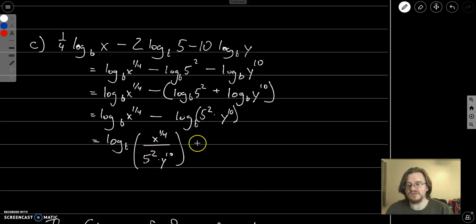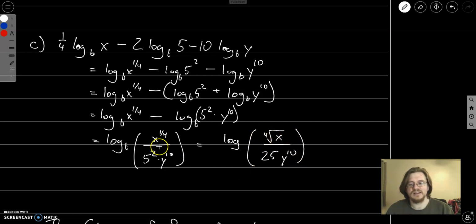Maybe one thing I can do is I can simplify the 5 squared on the bottom. 5 squared is just 25. This is going to be 25 y to the 10th power. And x to the 1/4 power is the same thing as the 4th root of x. So again, these are exactly the same. I would need to simplify, but I just chose to write it in this way.